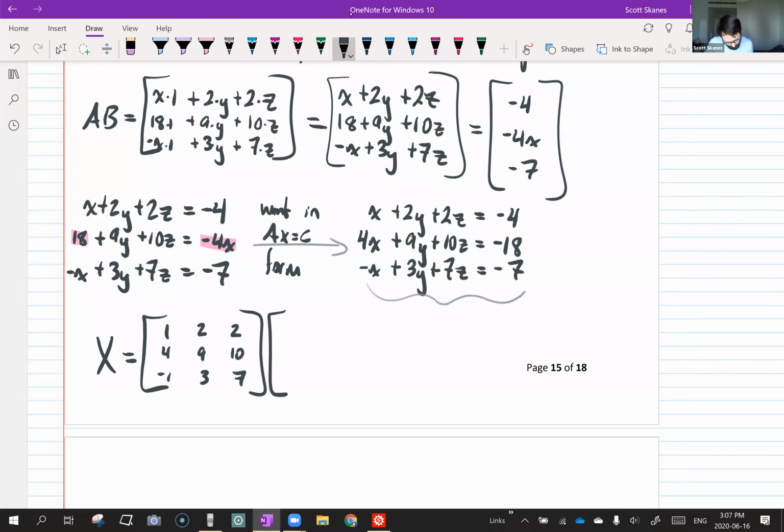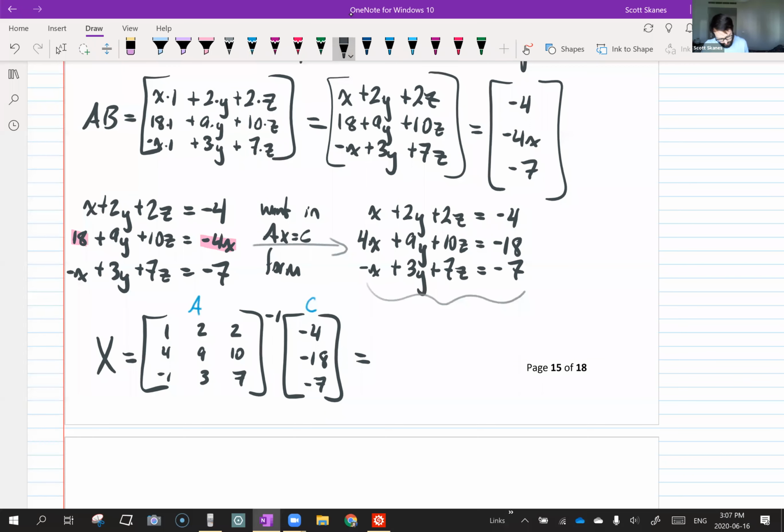And now I have my coefficients here. I need to get the inverse. My coefficients are -4, -18, and -7. This is the exact same thing as saying this is A inverse, and this can be my C as it was before. Set that up in your calculator.